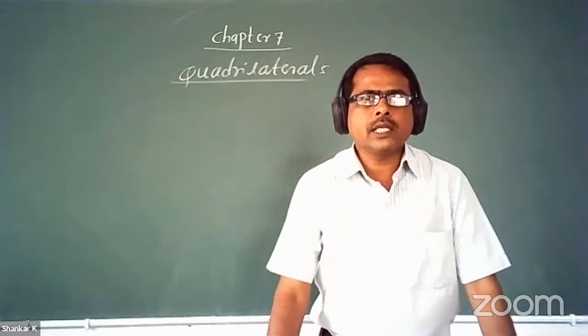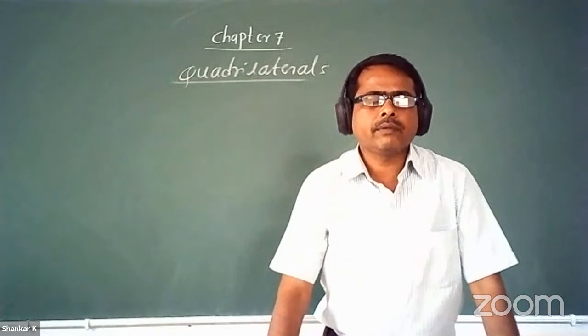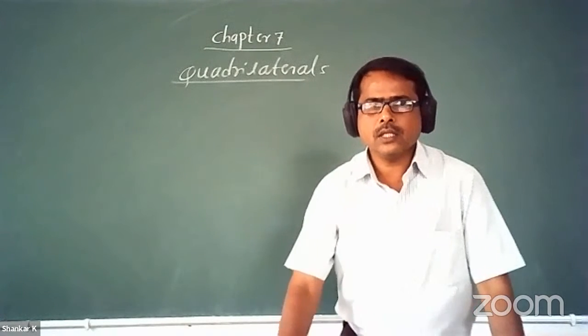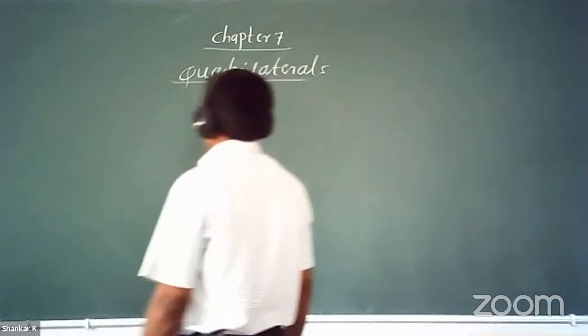We have already studied that the sum of angles of a triangle is 180 degrees. That is called the angle sum property of a triangle.